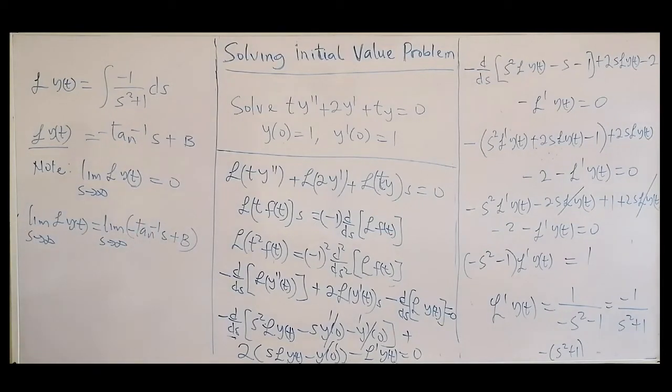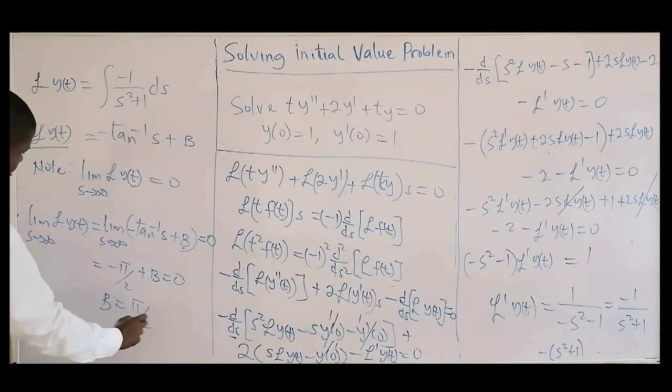If you put x as infinity, arctan infinity is pi over 2, so that will be minus pi over 2 from here. This one is just a constant. So don't forget to equate this to 0. So that's minus pi over 2 plus b equal to 0.